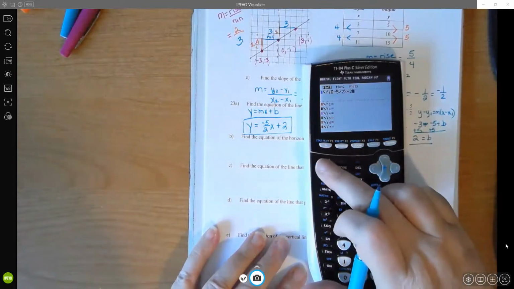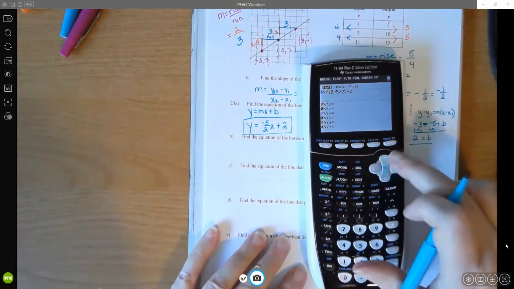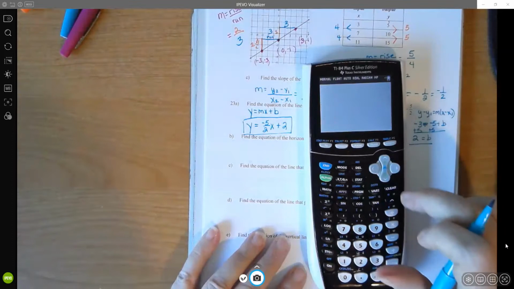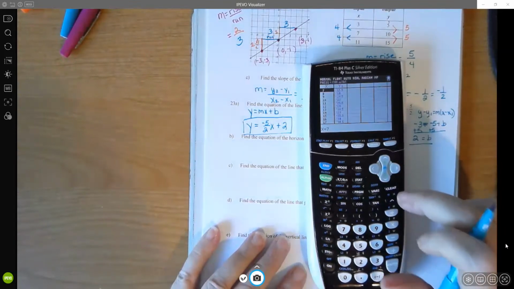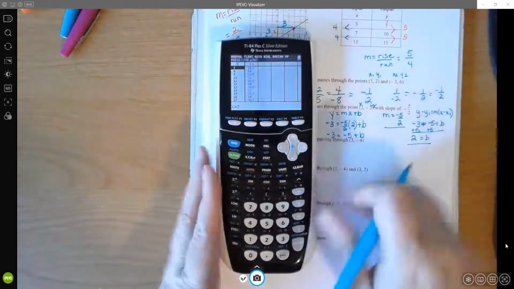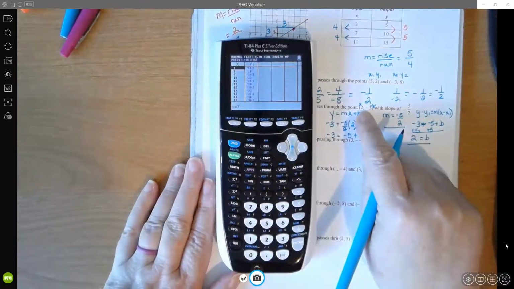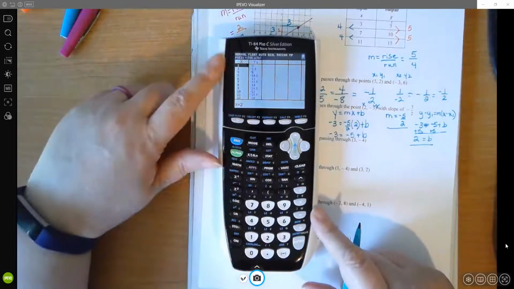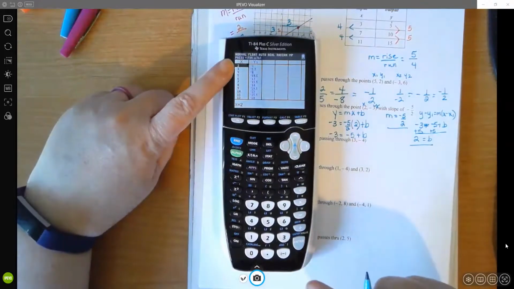And then I'm going to press second, and then graph. That gives me the blue word, which is table. And that's going to give me a table. And what I'm looking for is that it has the point 2, negative 3 in it, because that should be one of my points. And right there at the top, you see that it does have that point.